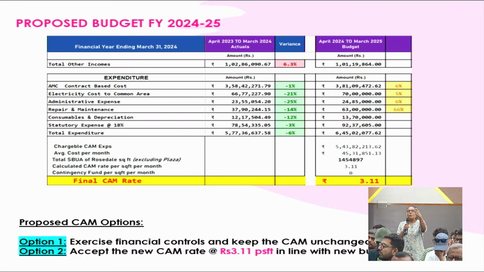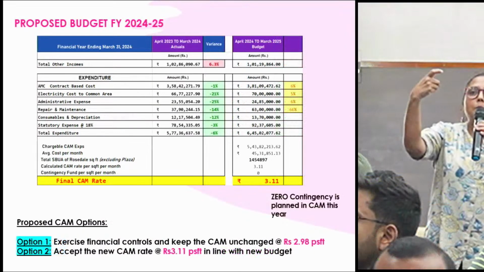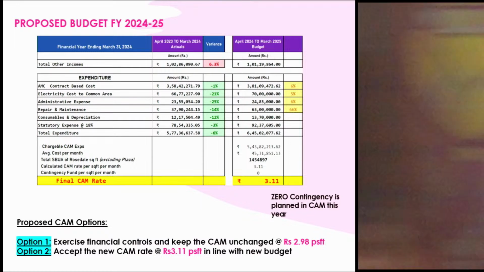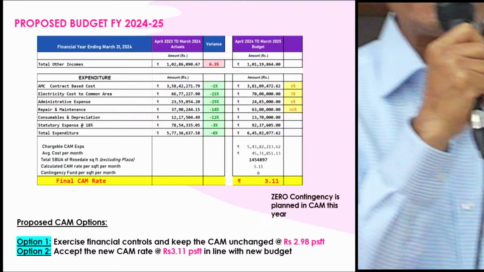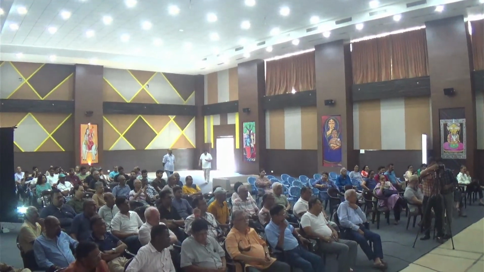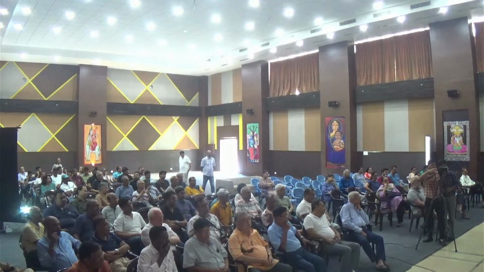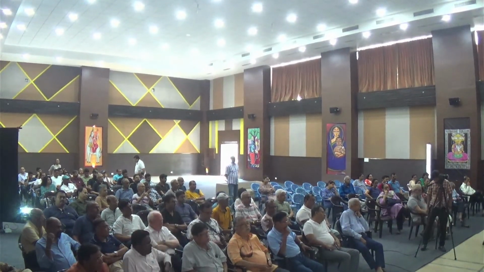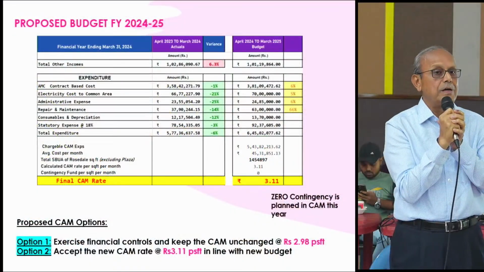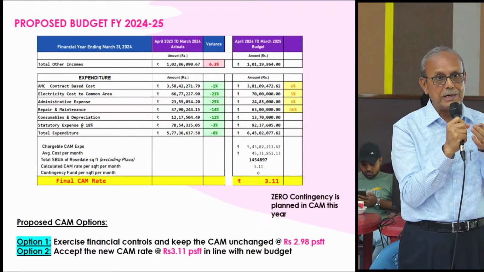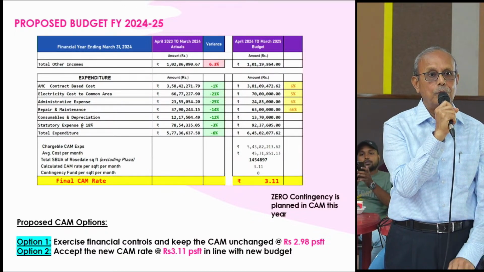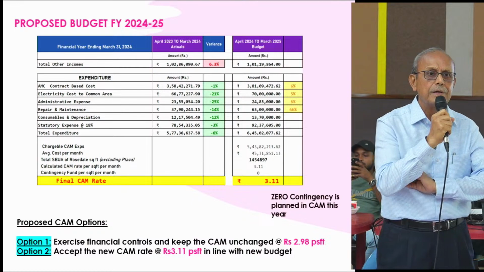How will you cushion that, or how will you maintain that fund? For the swimming pool, we have spent a lot of money, but for next year also we have almost 3 lakhs, as I can see the figure, because whenever we have done the repair, again some leakage is coming to the basement and things like that. So we are expecting that there will be some more repair on the swimming pool that we may have to incur. So we have kept some provision in the next year's budget also for the swimming pool. Is it your question? Have I answered your question?